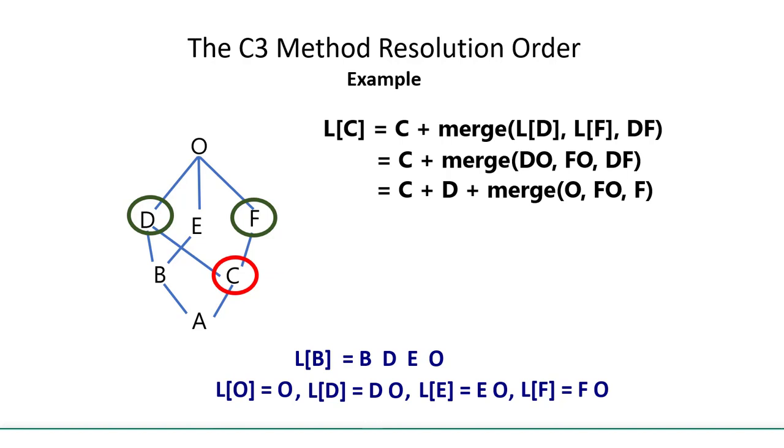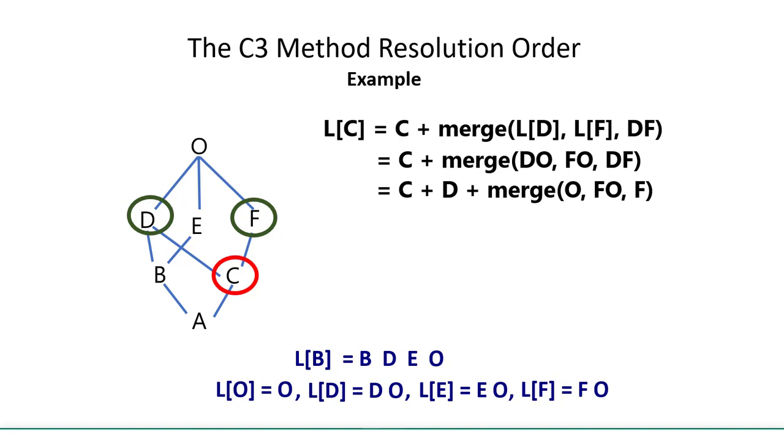So the merge function has the head of the first list being O now, and we can clearly see that O is part of the tail of the next list. So we are not going to do anything to this class O and keep it as is, and we are going to skip to the next list, which is FO. And we see that the head of this list, F, is not part of the tail of any of the lists.